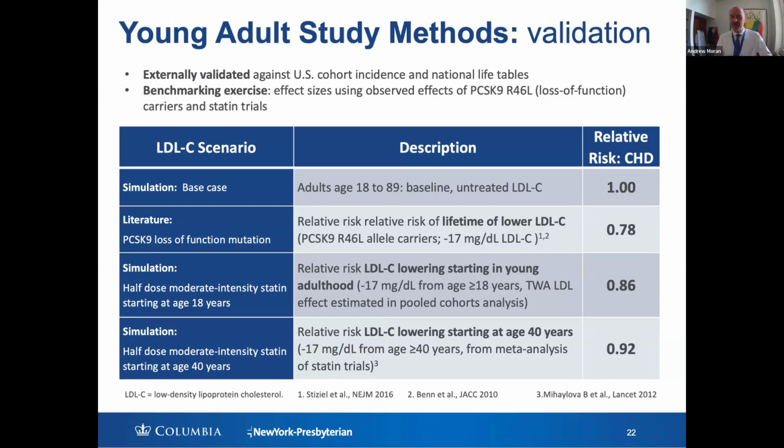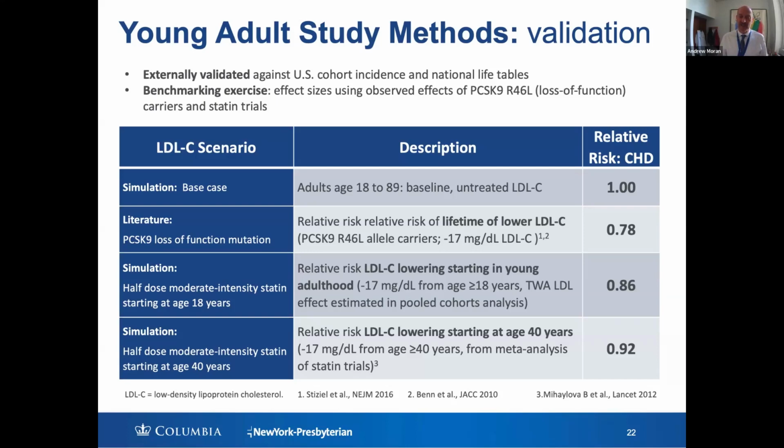And so what we did was we had a base case of outcomes with people with untreated LDL cholesterol. And then we had a simulation of LDL lowering from age 20, from birth, which has come from the literature based on PCSK9 loss of function mutation. And so that's the relative risk you see there of 0.78.